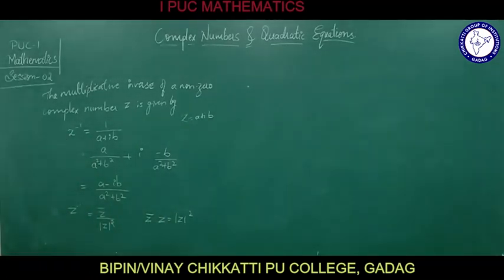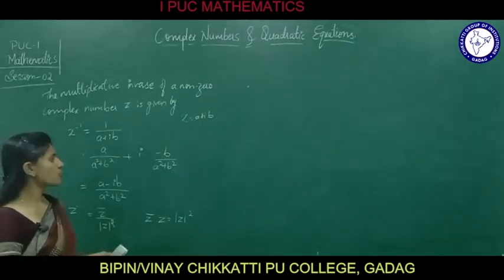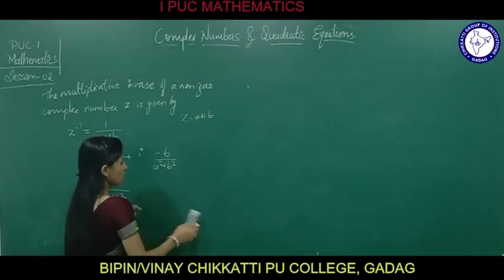Or wait, conjugate of z into z will be equal to what? Mod of z square. So in the same way we can find out the modulus of many complex numbers.